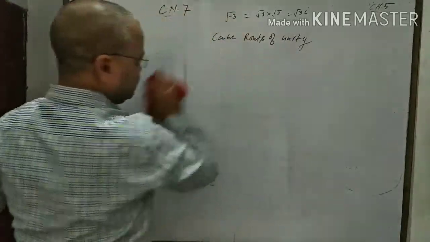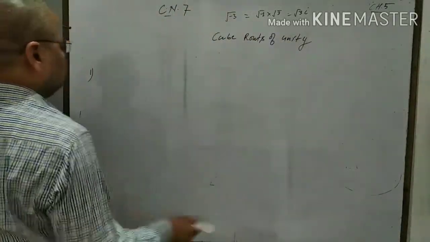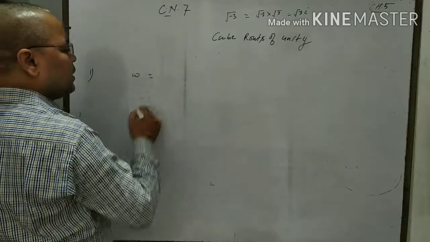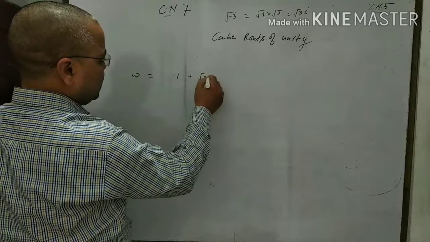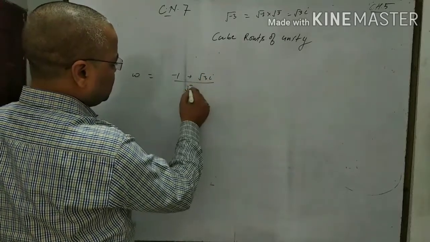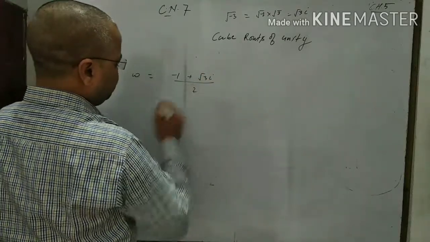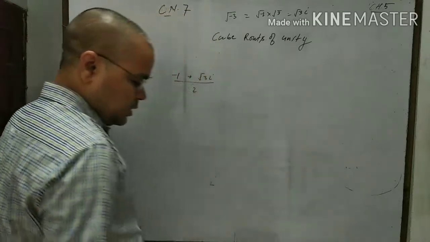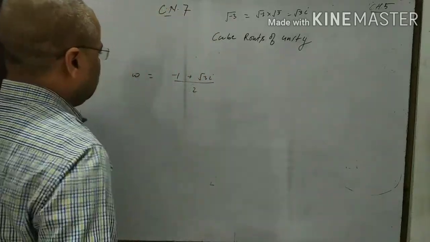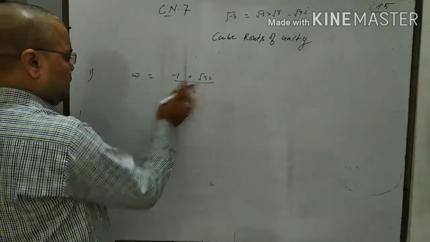Here, we find that omega is -1 plus root 3i by 2. Now square this.